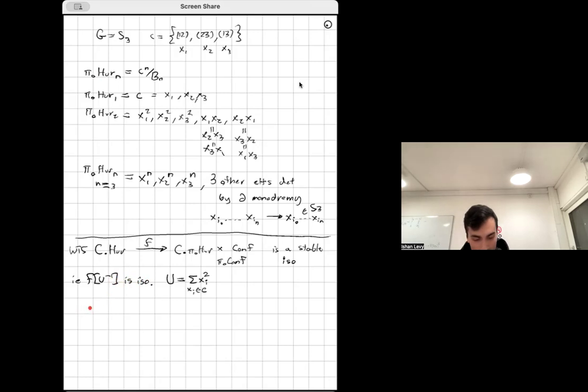The thing that Ellenberg, Venkatesh, and Westerland were able to show in their preprint is that if you take this map and you invert a slightly different stabilization operator, namely, instead of taking the sum of all of these elements, you take the product, they showed that this map is an isomorphism.